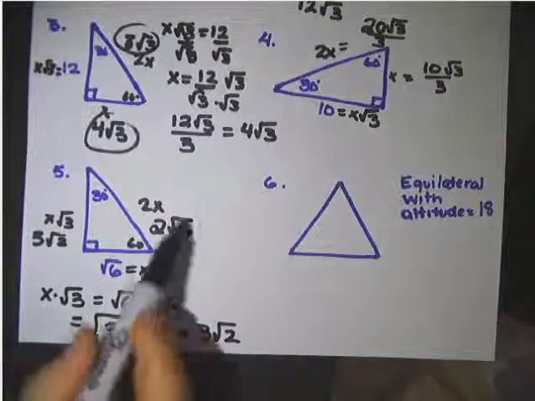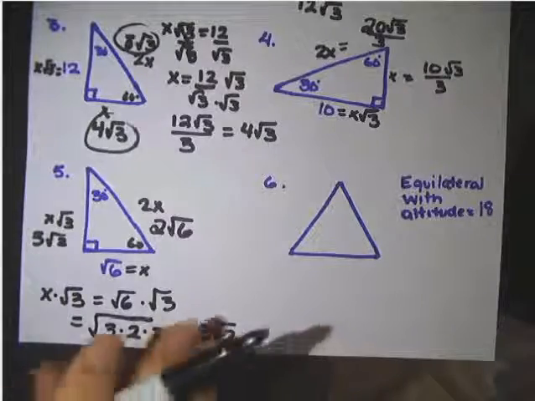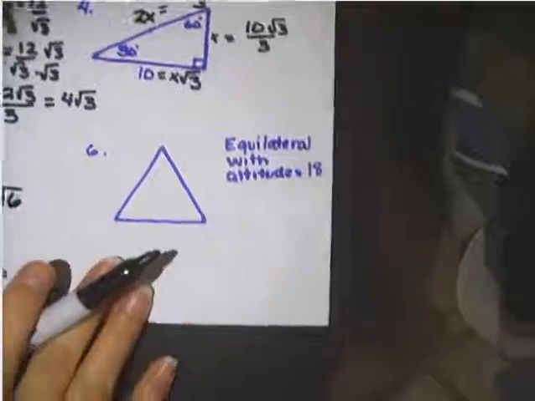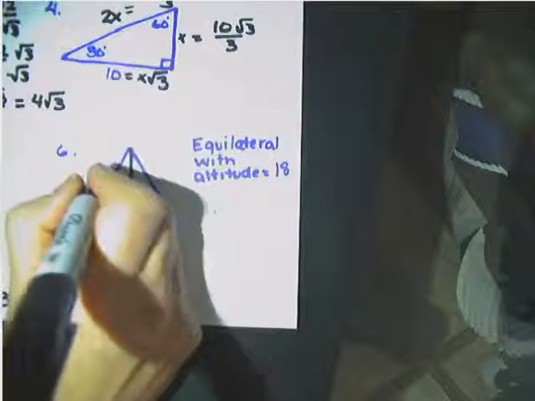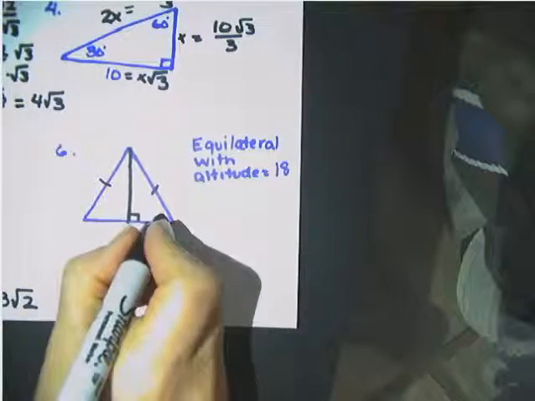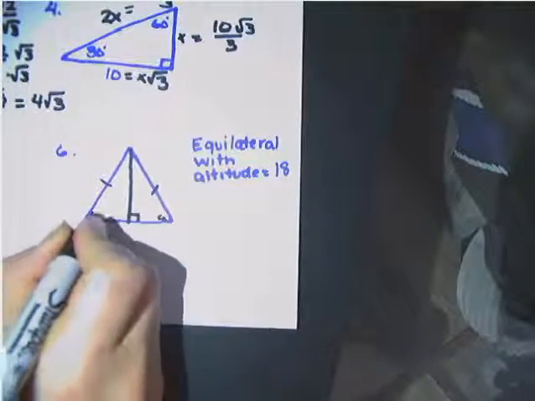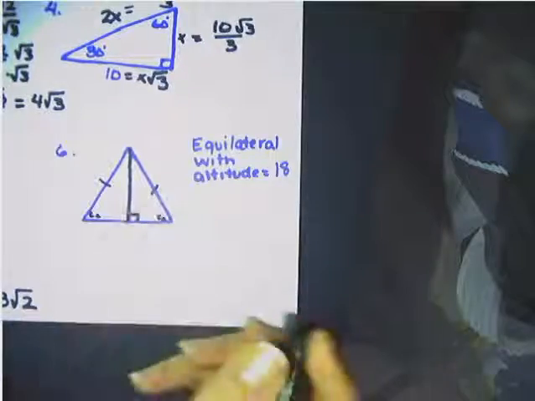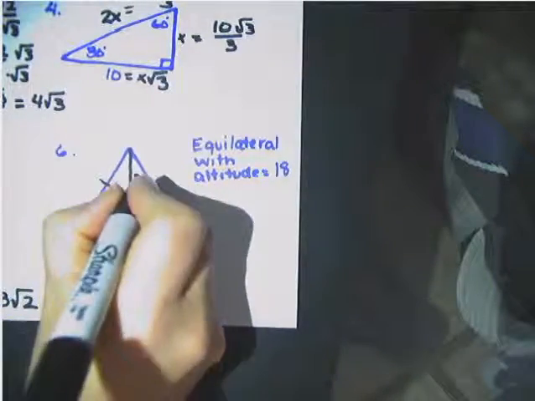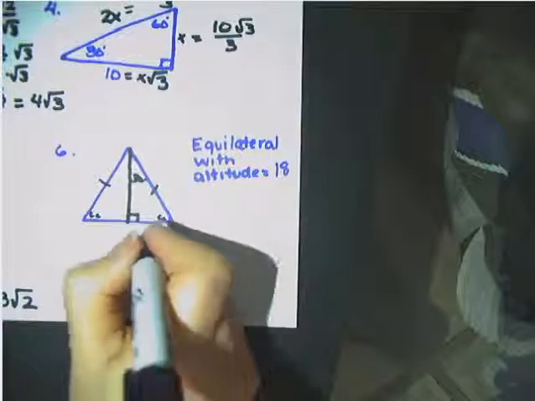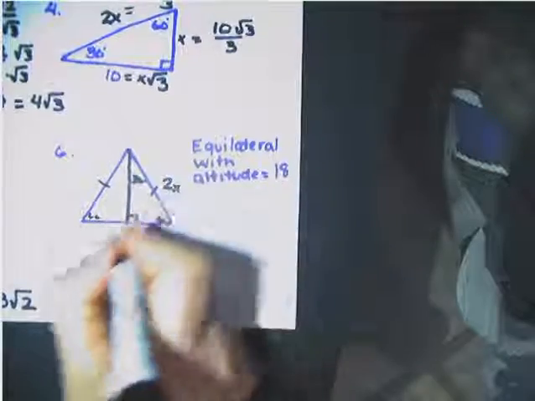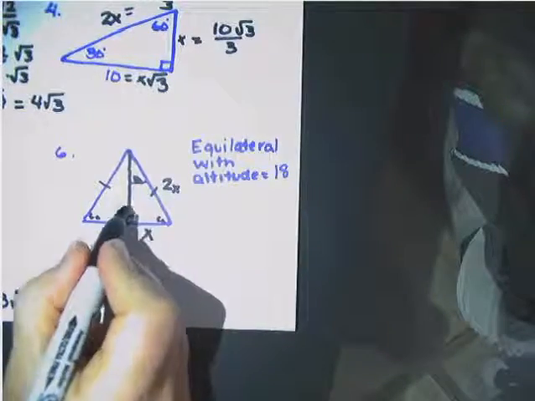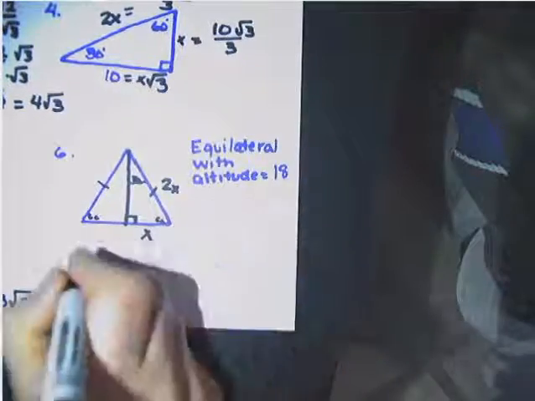Okay, and then the last one here, equilateral triangle with an altitude of 18. So this is 18. Equilateral triangle, again, means that these angles are 60. All three sides are equal. The top angles are 30. So using my formula, across from the 30 is x, hypotenuse is 2x, the altitude is across from the 60, so the altitude is always going to be my x root 3 side. So my x root 3 is equal to 18.